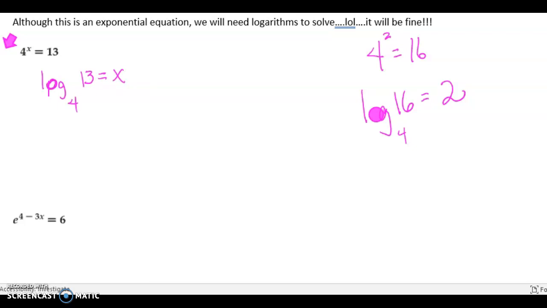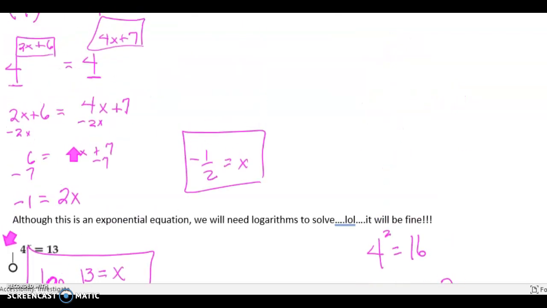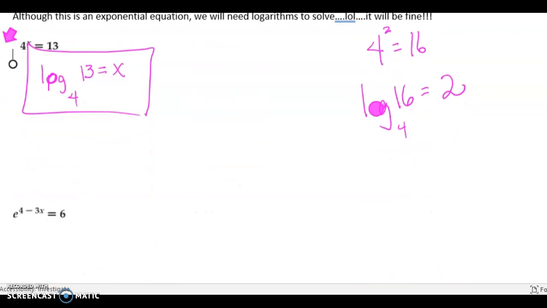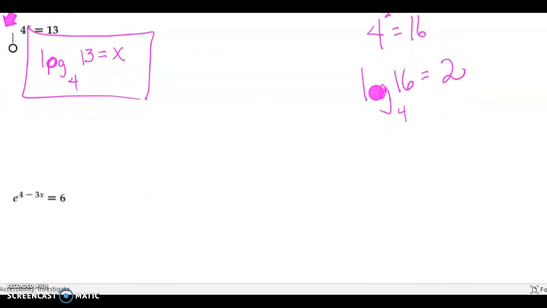Logarithms equal exponents. This is called the exact value. If I were to get a decimal value for that in my calculator, the decimal value is 1.85. Now you guys know how to do that from last nine weeks.